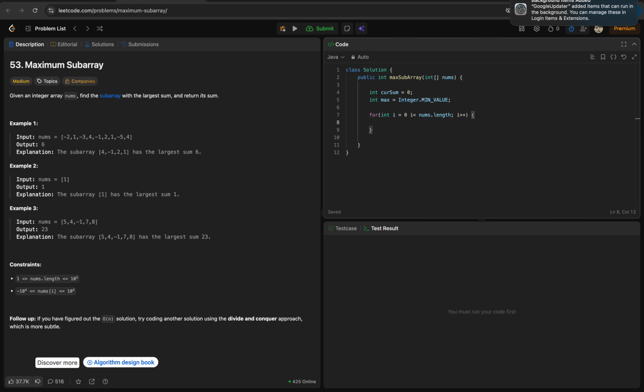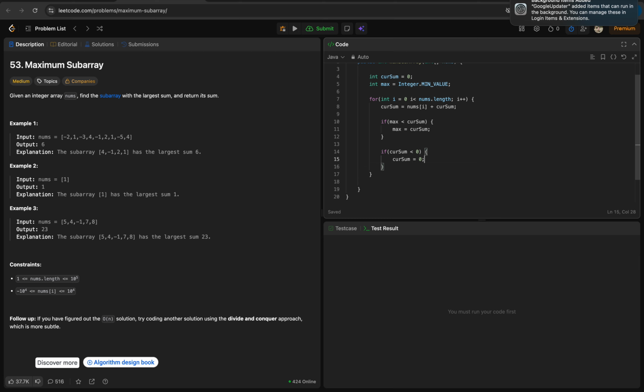and then at each iteration we will add the current value: current sum equals nums[i] plus current sum, and if max is less than current sum, then max equals current sum, and if current sum is less than 0, then current sum is 0, we'll drop it, and at the end we can return the max value.